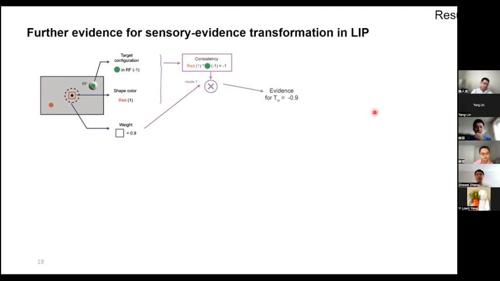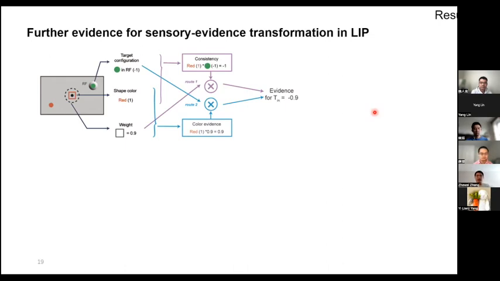The evidence is then equal to the shift weight if the shift color matches the T-in target's color, and the negative shift weight if they do not match. Another route is first to combine the shift weight and the color to compute the evidence for the target with the same color, which we call color evidence, and then determine the evidence based on whether this target is in or out of the receptive field.